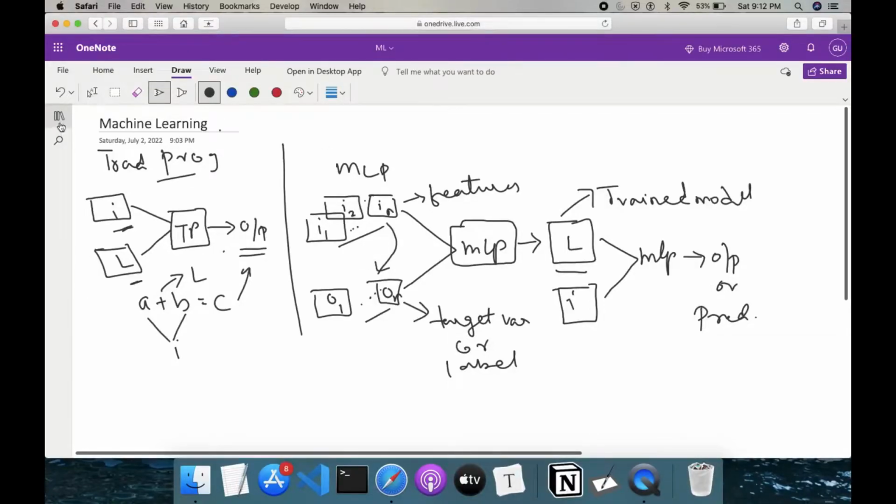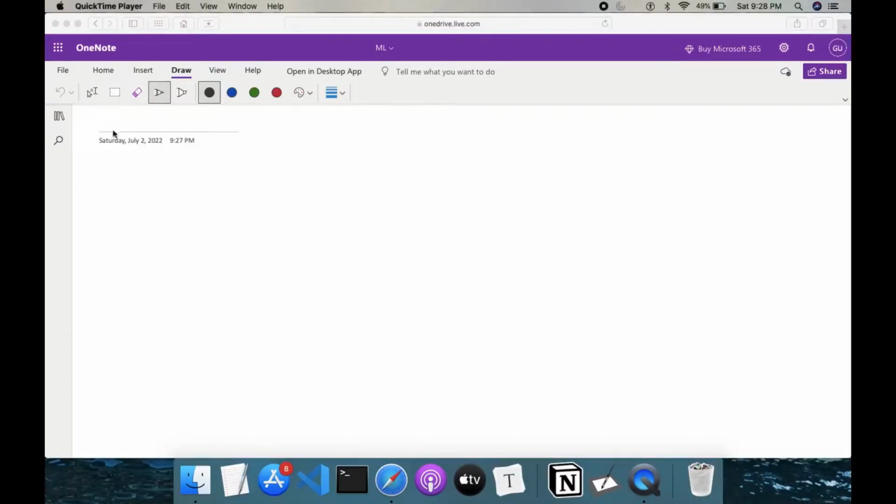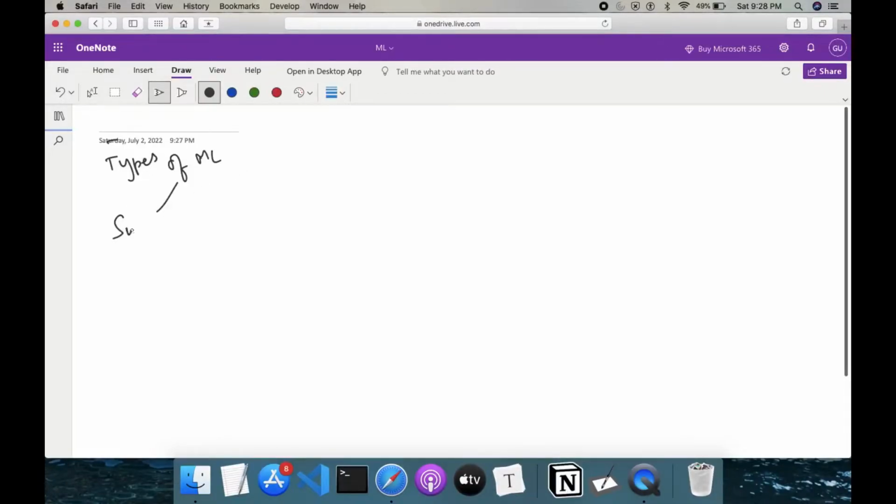Next we'll look at different types of machine learning concepts. So now we'll look at different types of machine learning. First and foremost is supervised.